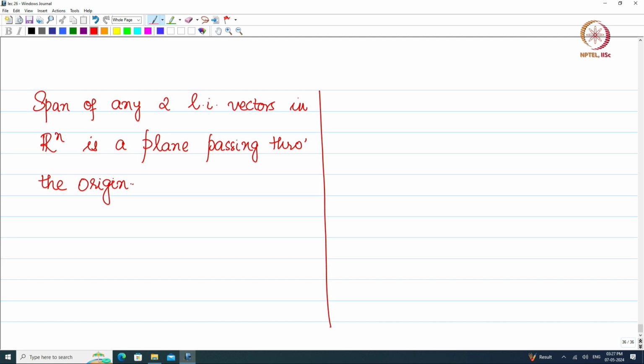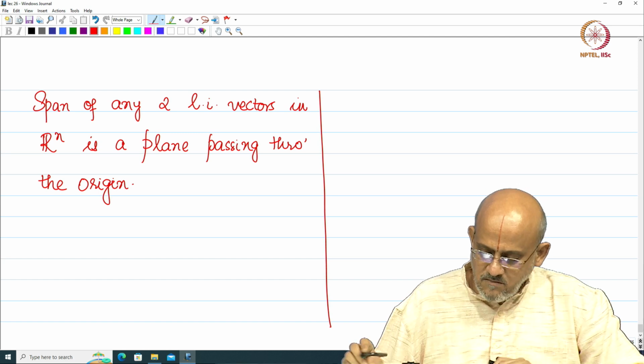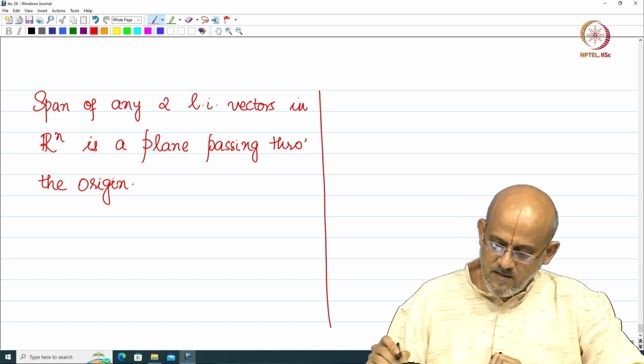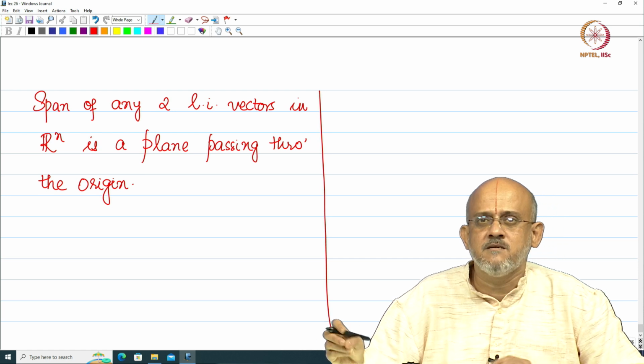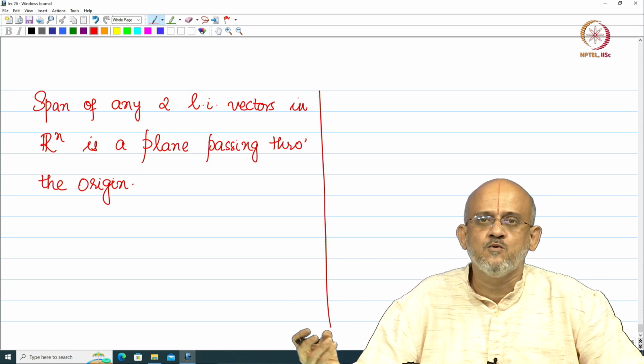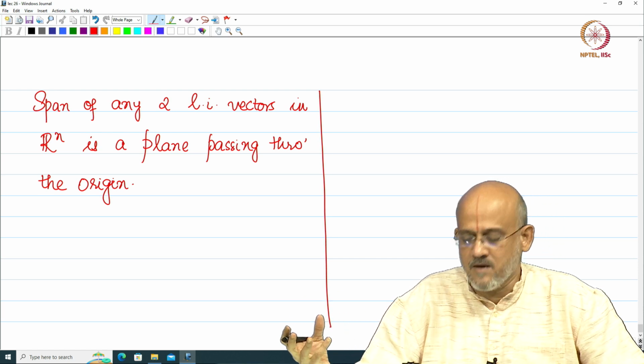We are going to look at the span of any two linearly independent vectors, where of course n you take to be 2 and so on. R1 you do not have, you can't define a plane there.